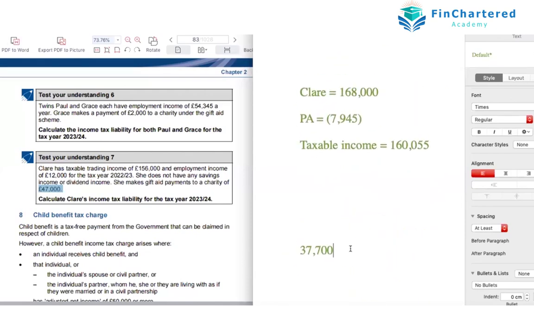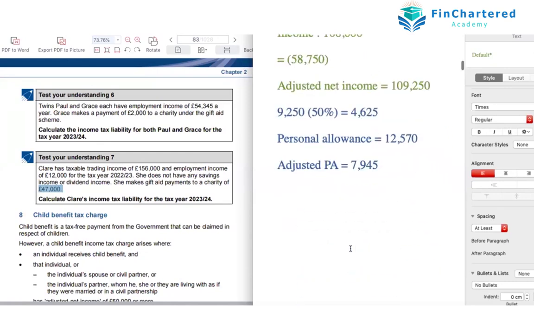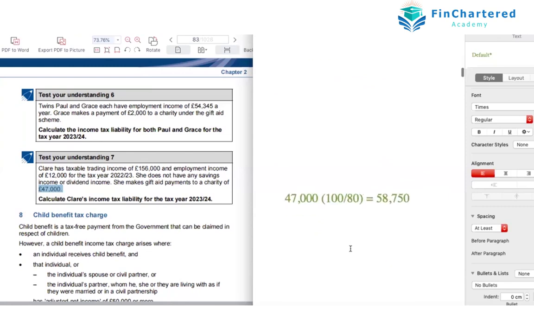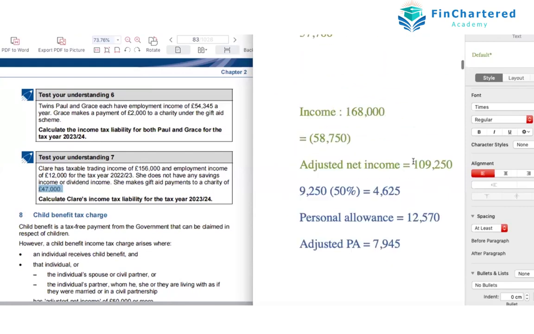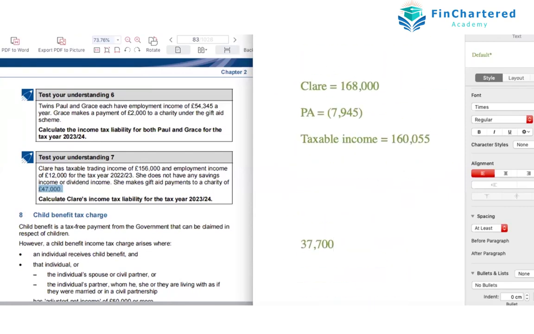So normally it will be 37,700 only that will be taxed at 20%. But now even 58,750 is taxed at 20%, which is good news for you. Otherwise you would pay tax on 58,750 at 40%.